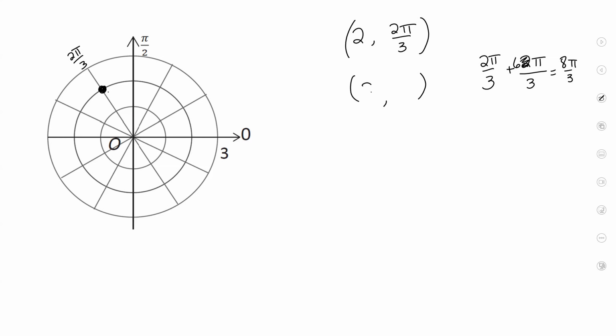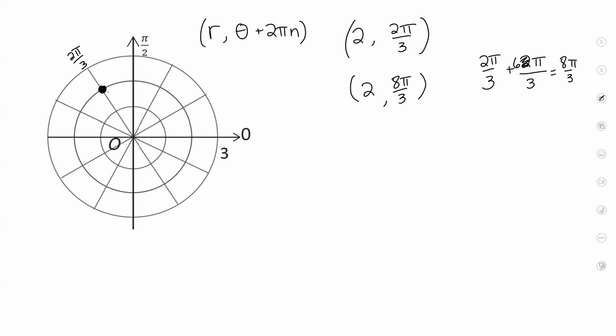So this is another point that's in the exact same location. I just made a loop. Does that make sense? So the formula for that was I have my radius, and with my angle, I just added 2 pi. And I can do that many times, once, twice. So that's the formula to find another variation, or another point that's in the exact same spot.